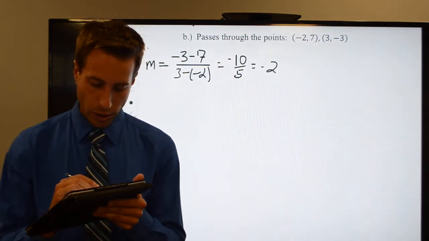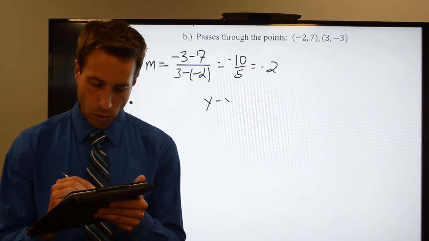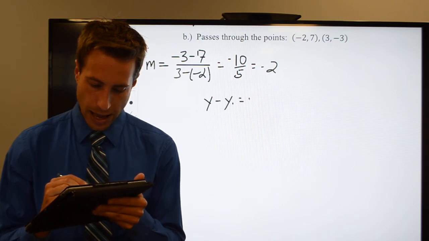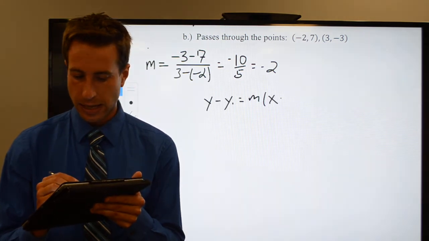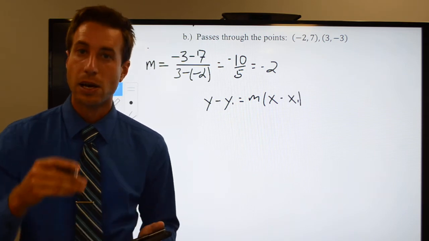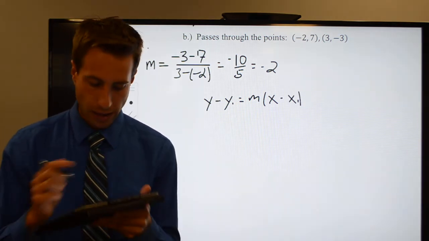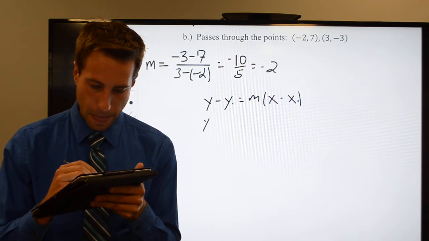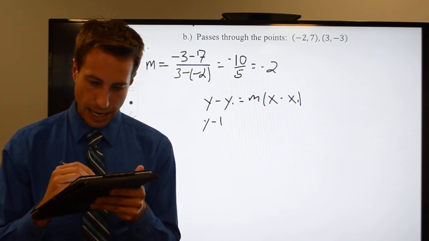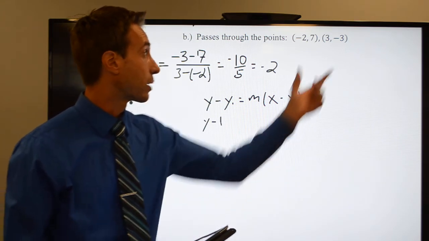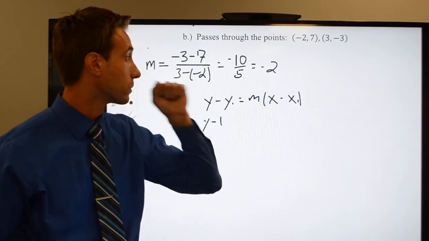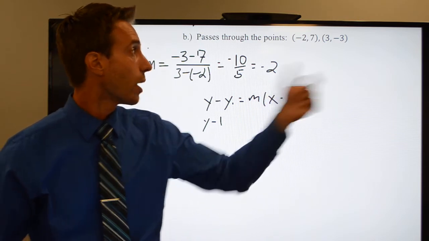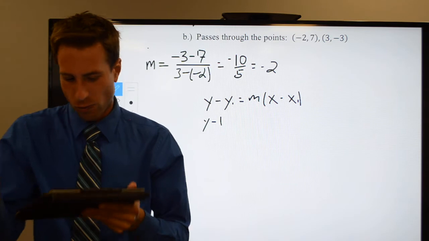Great, here we go. We're going to do y minus y1 is equal to m times x minus x1. This is my point-slope equation for a line. Actually, I get to pick one of these points. You know what? 3 and 3. Why not?